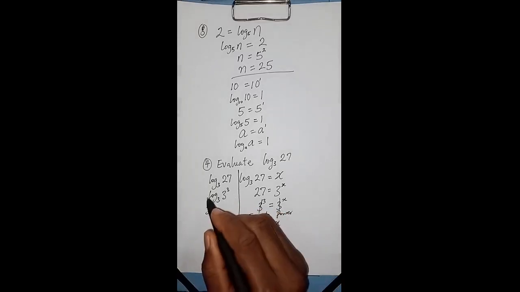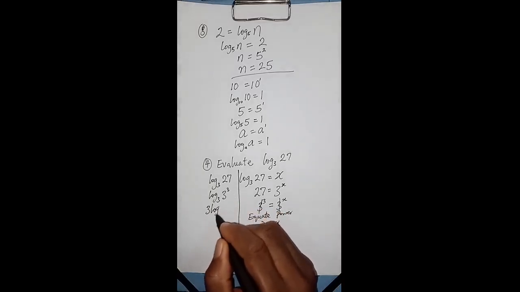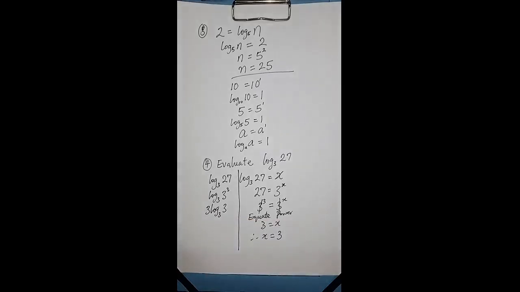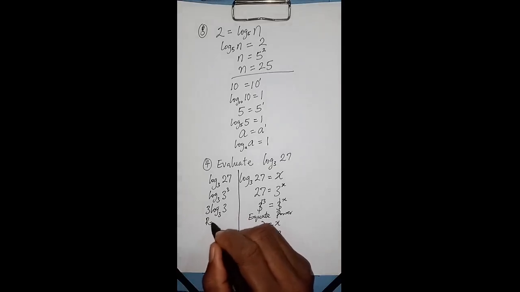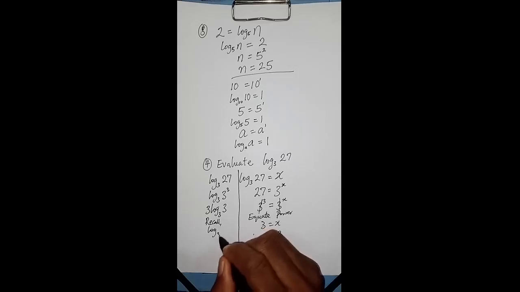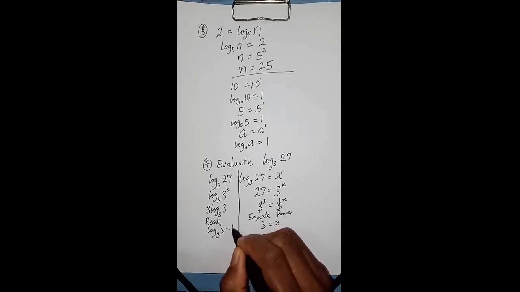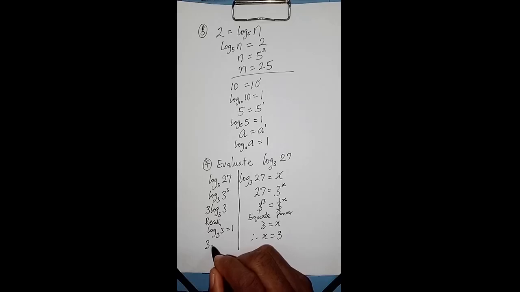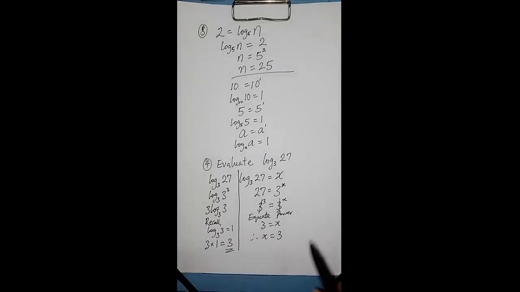This power comes to this side and becomes 3 log 3 to base 3. Now, recall log 3 to base 3 is equal to 1. So 3 log 3 to base 3 will be 3 times 1. And that gives you 3. Same as the answer we got here.